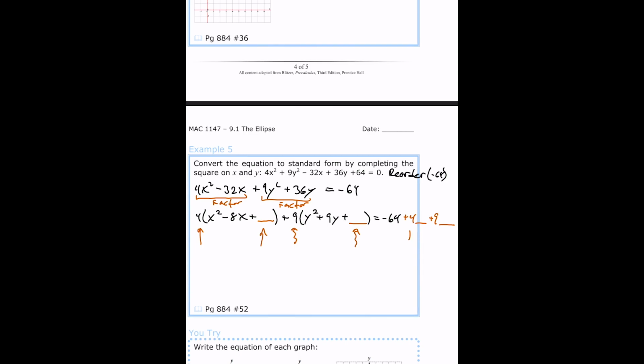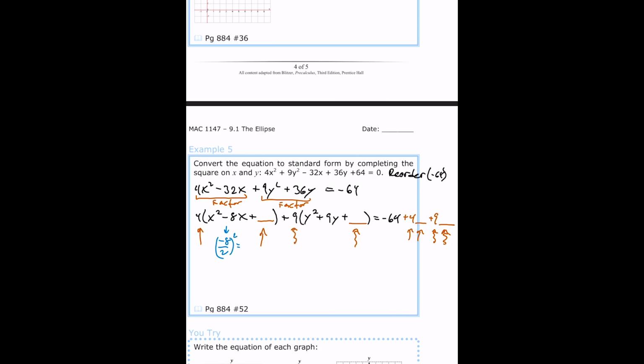All right, so this is the single or the regular looking arrow. These are these goofy squiggly looking arrows that I drew. Now what goes into those positions? What goes in here and what goes in here? I'm going to determine that by taking this negative 8, dividing it by 2, and squaring the result.